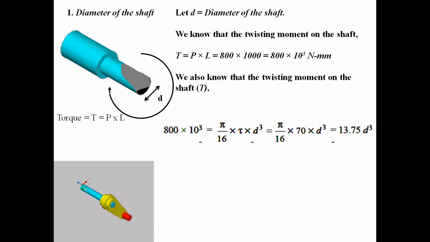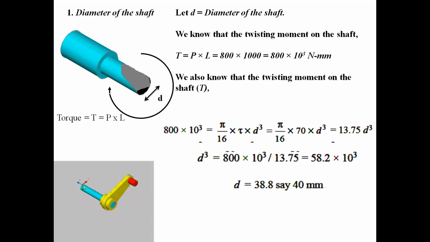If you put the value of safe allowable shear stress 70, then it becomes pi by 16 into 70 into d cube. It comes out 13.75 d cube. So let us rewrite this equation so that we can get the value of D. So D comes out as 38.4. So we have to consider it as 40 mm. So 40 mm is the safe value of the diameter of the shaft.